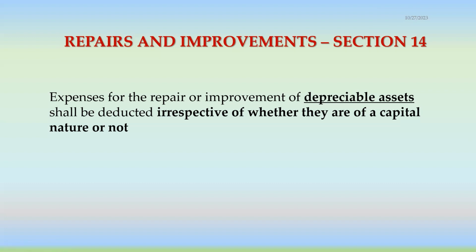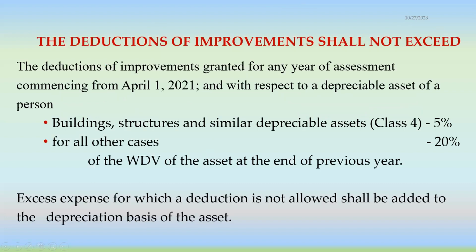Since there is a specific provision for the improvement, we have to apply section 14, not section 16. But the amount that we are not allowed during that year of assessment, that is the excess amount, that part should be added to the depreciation basis and we can give capital allowances only for that undeducted part.